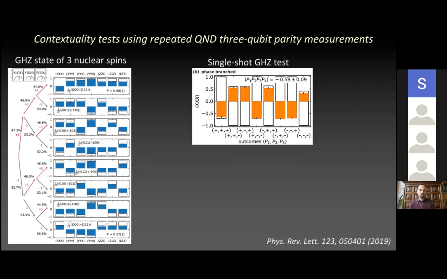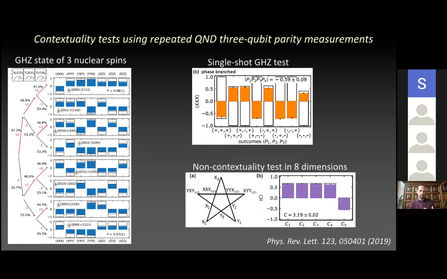Now, this experiment does have some assumptions, and the most stringent assumption is that you have to assume that when you do these parity measurements, so you do the x1, y2, y3, you actually have access to the sigma x1 observable, right, and the sigma y2 observable, etc. So you have to assume something about the underlying measurements, and that you can mitigate, at least partially, by adding different correlators.